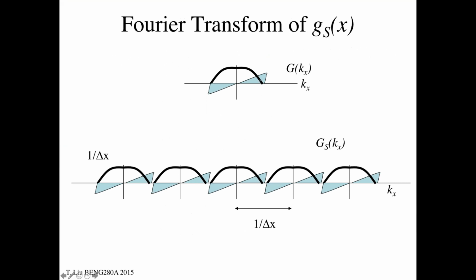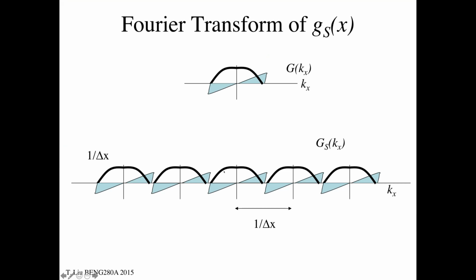The way that looks is the following. We have our Fourier transform of just the function g itself. When we look at the Fourier transform of the sampled version of g(x), we get the Fourier transform of g plus these replicants every 1 over delta x.